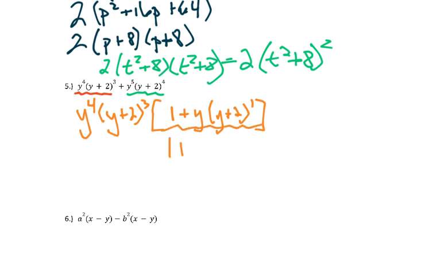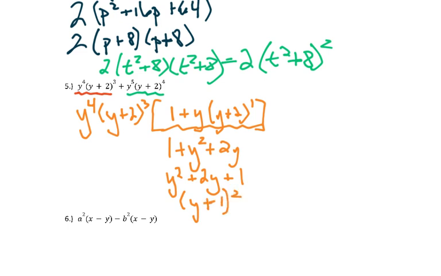I'll have a 1 plus a y squared plus a 2y. And if we rearrange that, surprise, surprise, we have a trinomial here that can factor into y plus 1 squared. And don't forget about our original factors out here, our y to the fourth and our y plus 2 to the third.